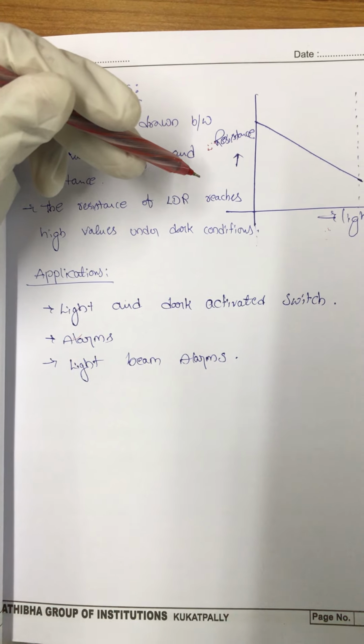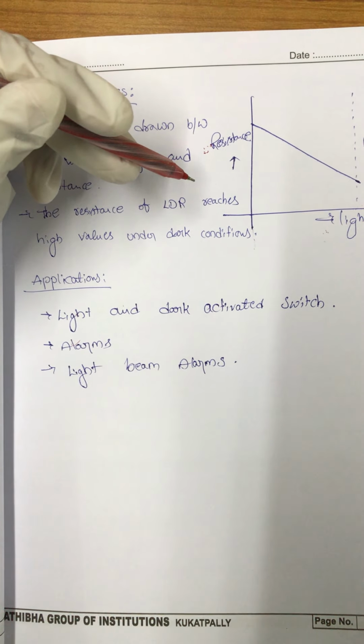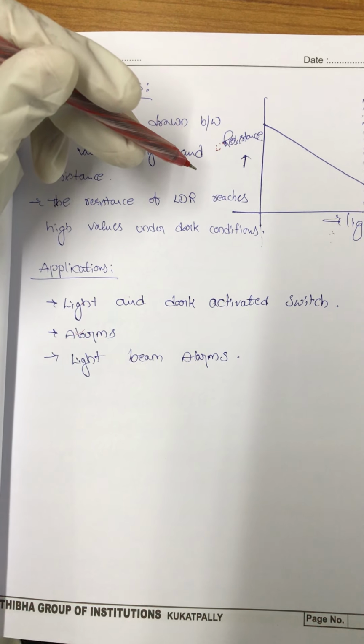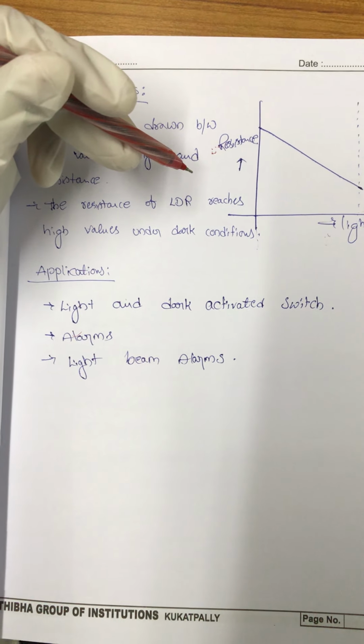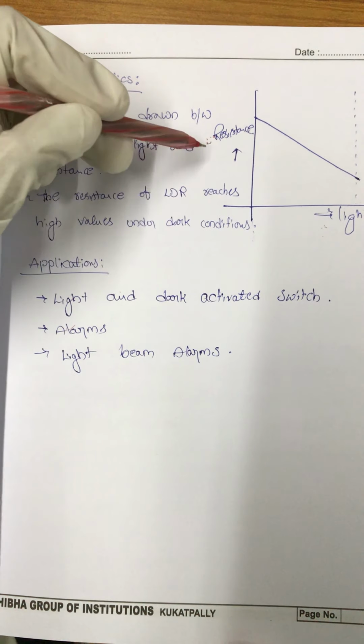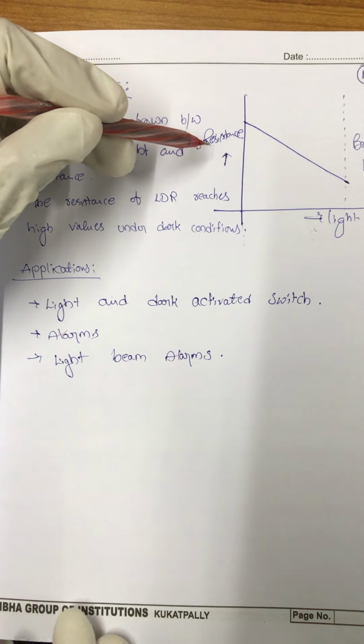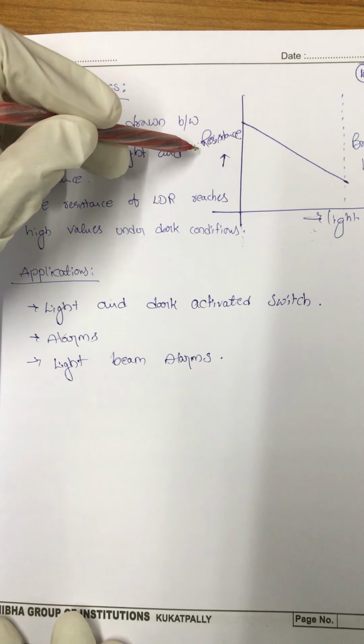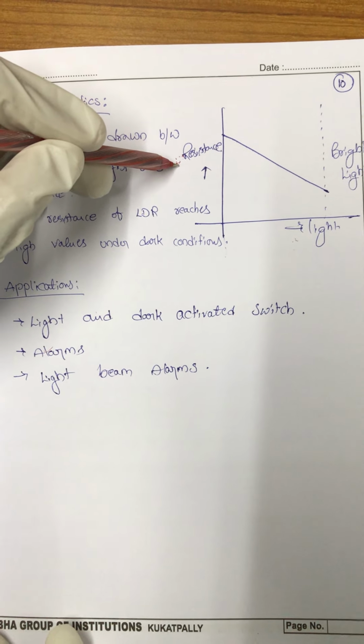When the light converts to dark, means in the evening conditions, the lights are automatically on. So the automatic on and off conditions are based on the light and resistance of the LDR. Okay, so the LDR's main application is automatic street lights.